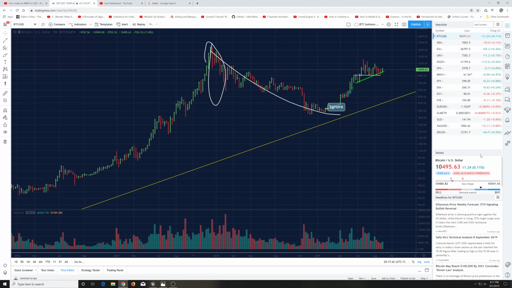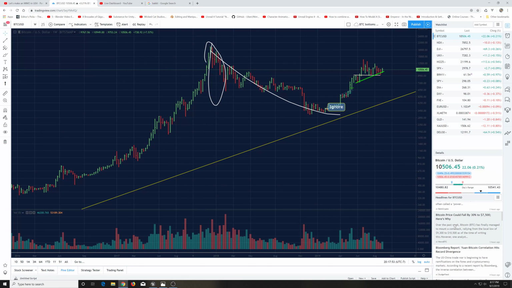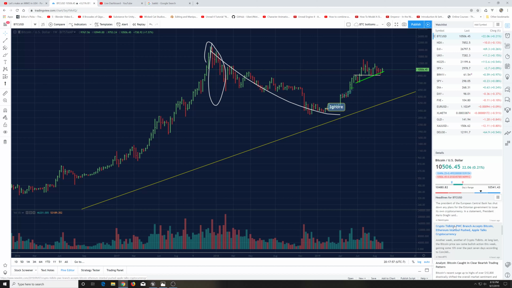But also over here, this is on TradingView, and over here they have a listing of the headlines, as you can see. A lot of them. When I was looking at this a couple hours ago, all of them, one after the other, were negative.